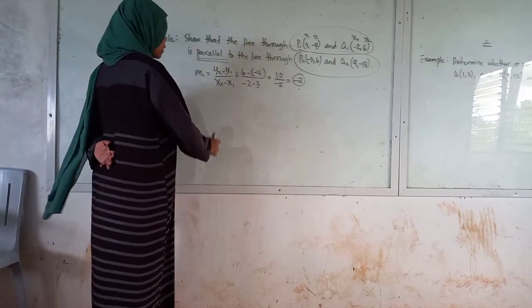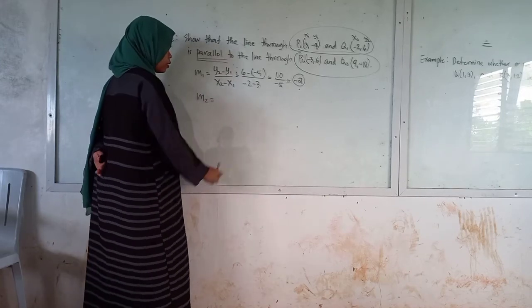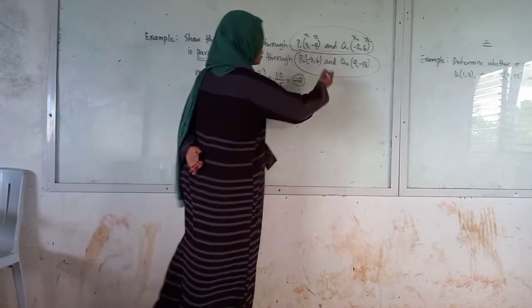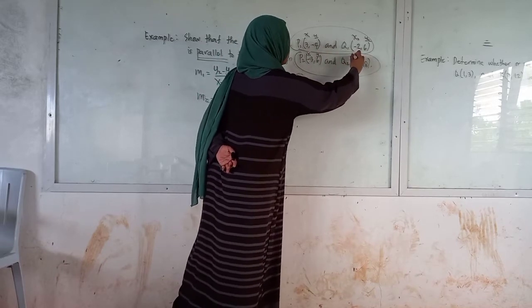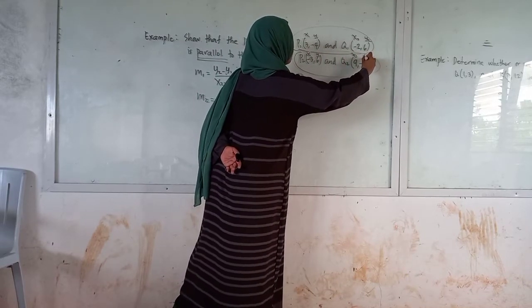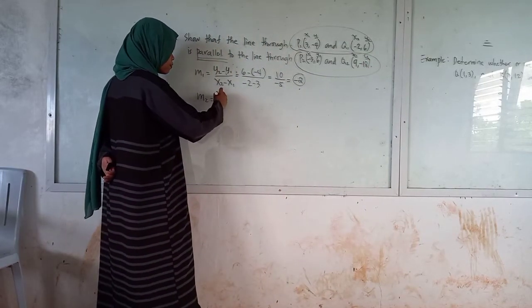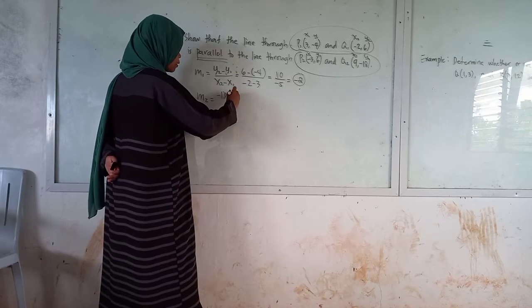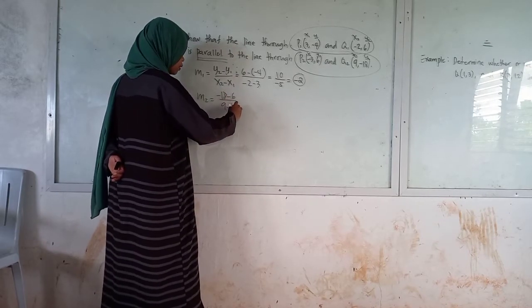Now let us solve the slope of the second line, m sub 2. Same process: this is my x sub 1, y sub 1, x sub 2, and y sub 2. Using the slope formula again, we have -18 minus 6 over 9 minus -3.